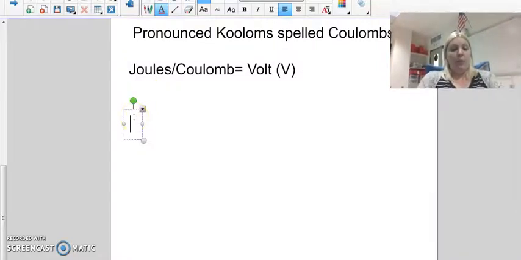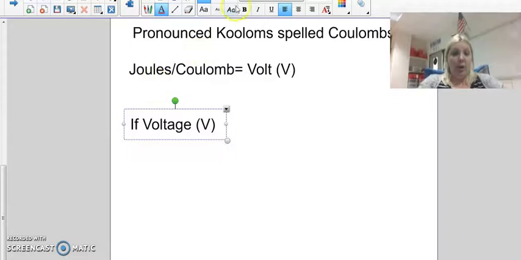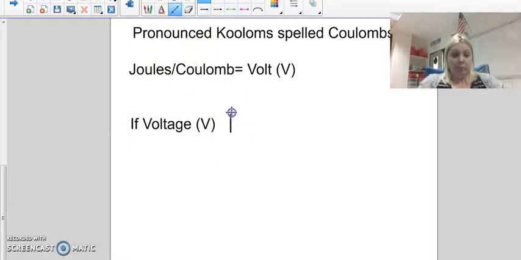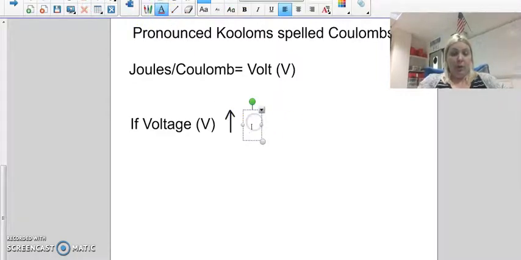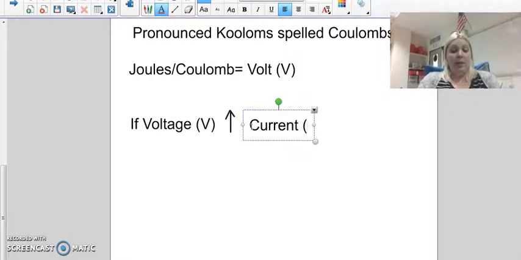So we know that if voltage, and voltage is usually abbreviated by the same capital letter V as its unit, if voltage goes up, we know that current will also go up. And current, and I don't know why, but it's abbreviated by capital letter I.